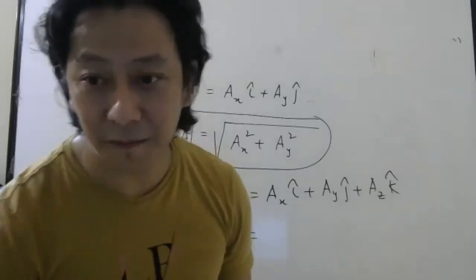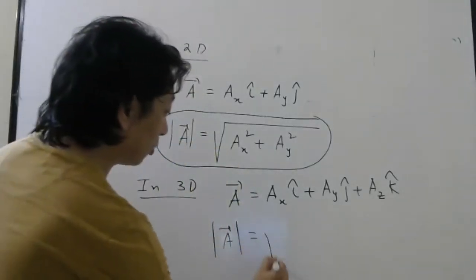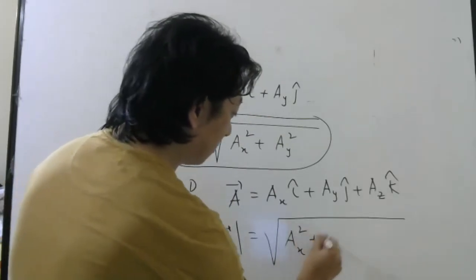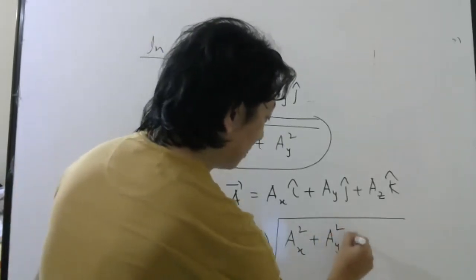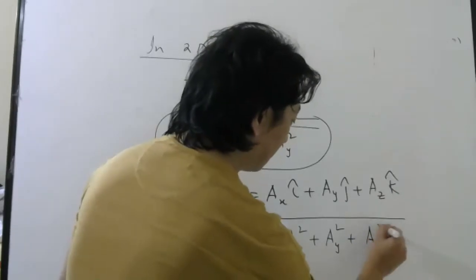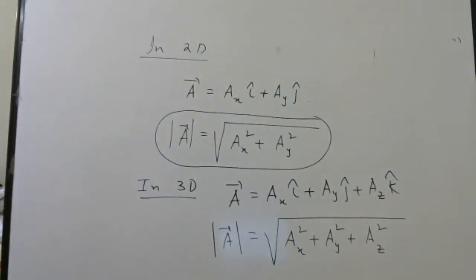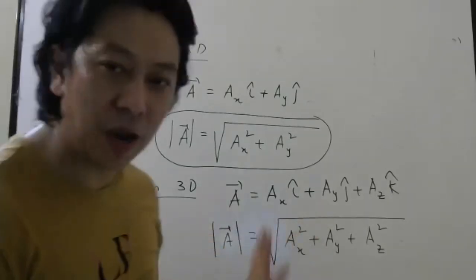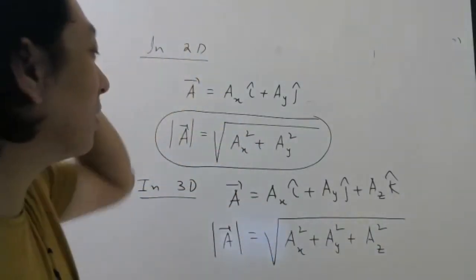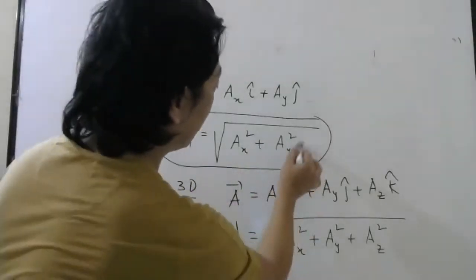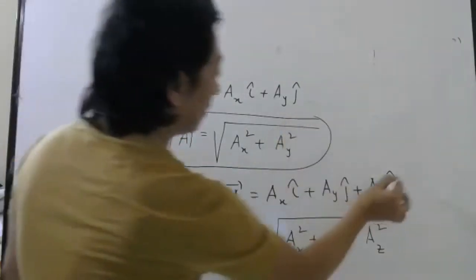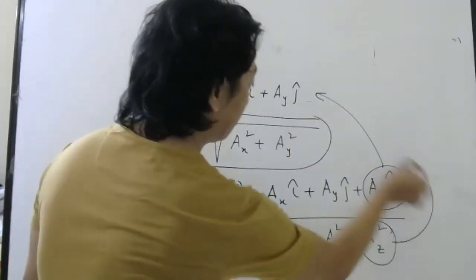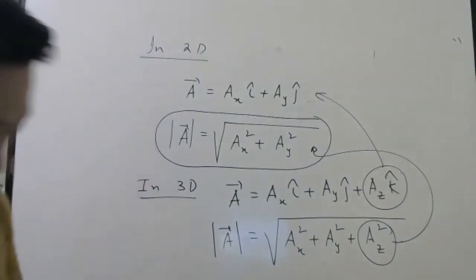So it will be root over A_x square plus A_y square plus A_z square. So please remember, not cube root, it is square root only, but you have to put one more term here. Just like here, you added one term extra here. So you have to add one term extra here. That's it.